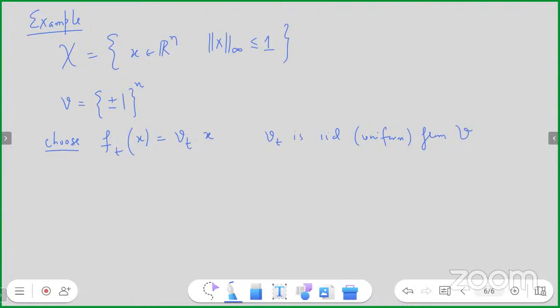All right, makes sense? With probability 1 by 2 power n, any one vector is chosen. That's my function. Now, what do you think is going to happen? Now, I've completely specified the input, and each time I'm just picking uniformly randomly this vt from this set, multiplying by x. That's what is given to you.